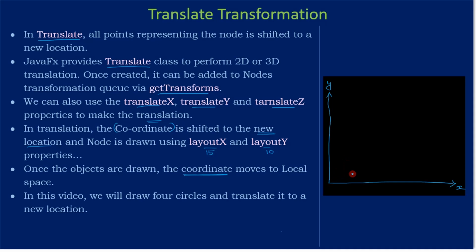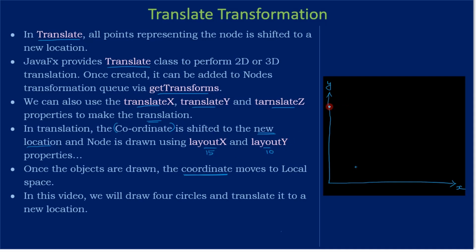And if you see, the object will be at layoutX 15, the initial object, it will be here. And layoutY is 10, right? So let's state like this: layoutX is 15 and layoutY is 10.